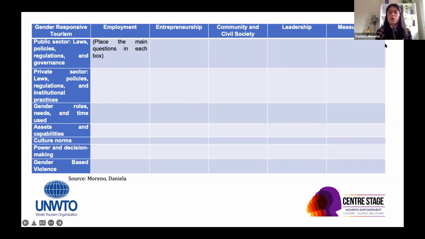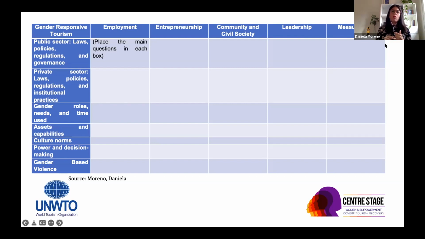So we really need a good understanding of how tourism is linked to other administrations and institutions that may not work on tourism but are very important for it. We need to understand how gender equality is embedded in these other public sectors that are quite linked to tourist development as well.